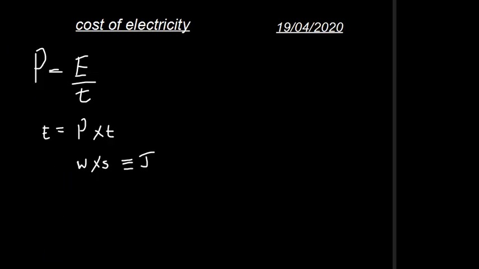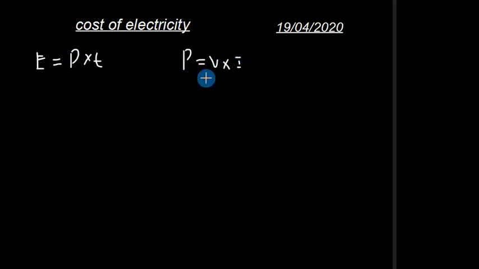So we are given an electric cooker and its ratings, that it is rated 250 volts, 30 amps. We know that energy is equal to power multiplied by time. For power, we know that power is given by voltage multiplied by current.